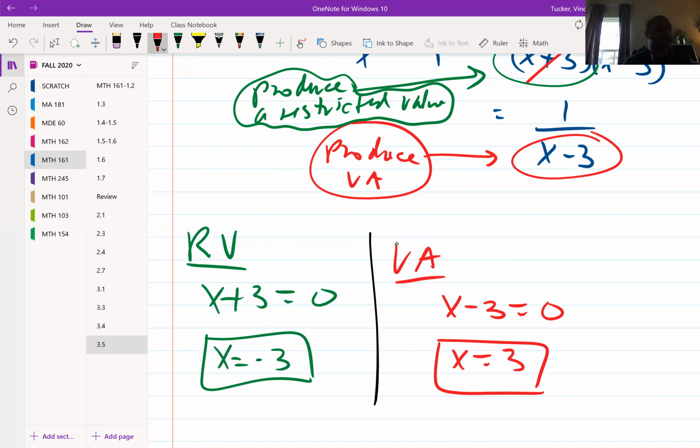So that's how you would do that, because they may ask you, what's the vertical asymptote, and are there any restricted values? So you would give x equal to 3 as a vertical asymptote, and -3 would be a restricted value. All right, questions on that?